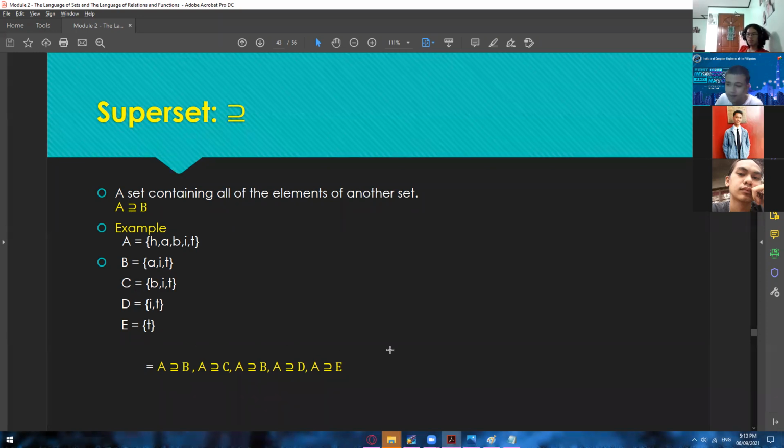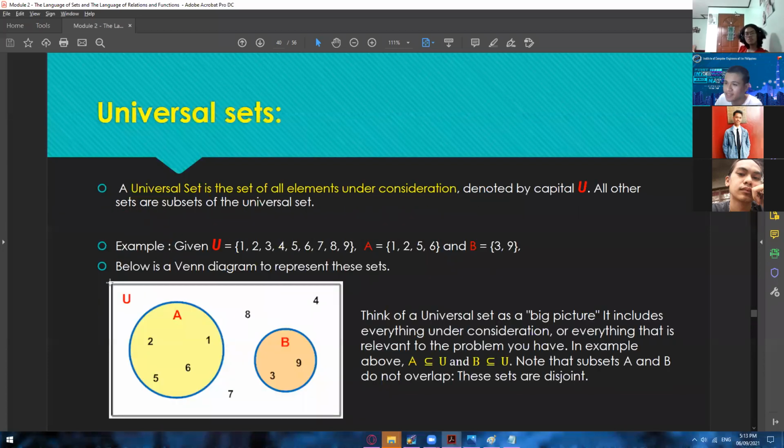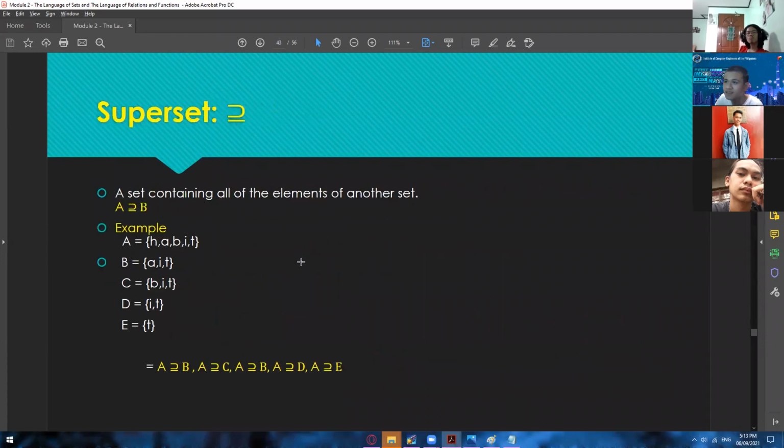Sir, what is the difference between the universal set and the superset? Why do you compare that one to superset? A universal set is like a rectangle or just a big picture which contains certain elements. A superset is a set that contains all of the elements of its subset or proper subset.